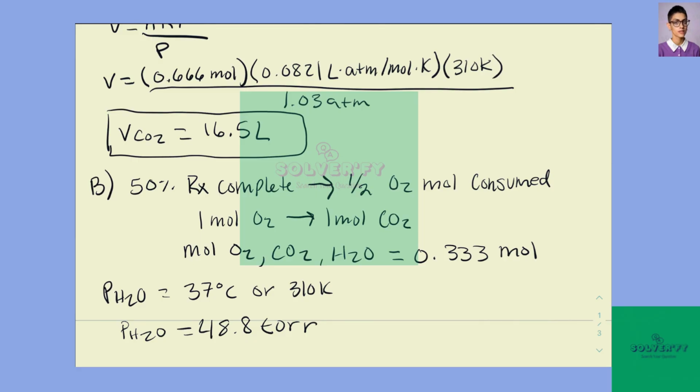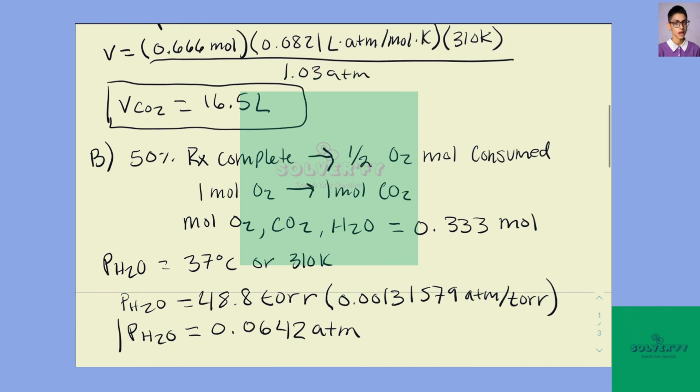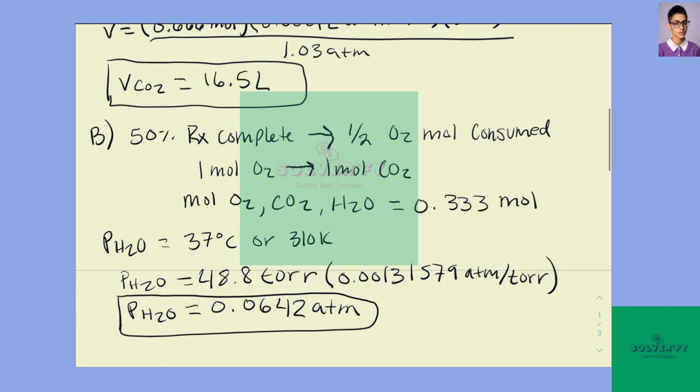So I'm just going to convert this into atmospheres by multiplying it by 0.0013157.9 atmospheres per torr. So our partial pressure for water is going to be 0.0642 atmospheres. All right, and this is our partial pressure for the water vapor.